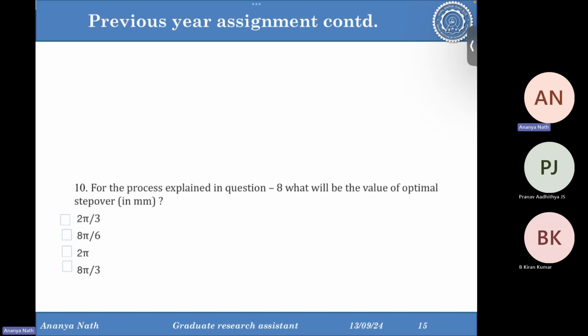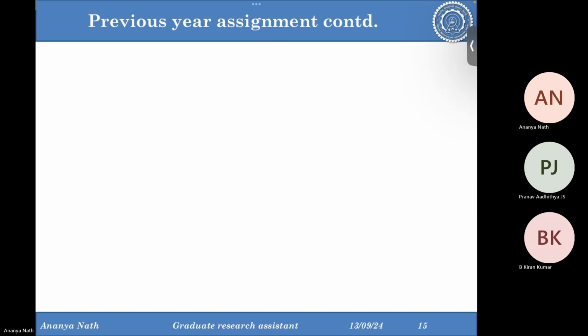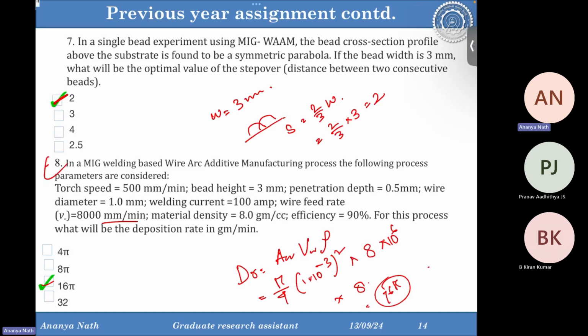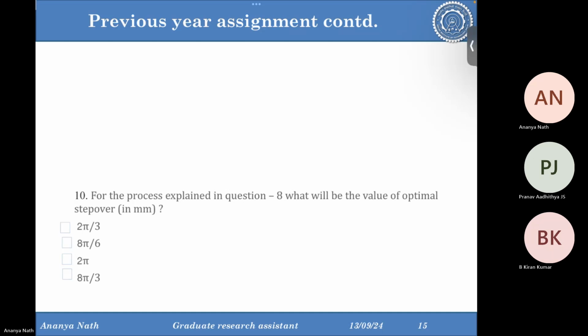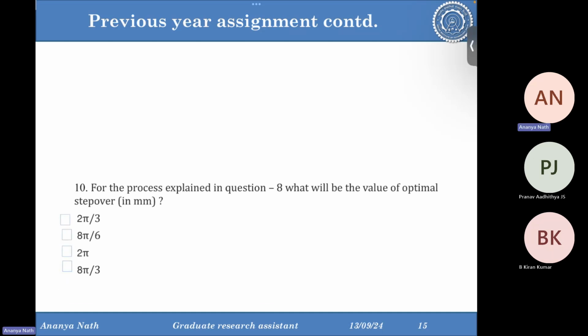Next is, for the process explained in question 8, what will be the value of optimal step over? So again, step over S equal to 2 by 3 width. So 2 by 3 into 2 pi is equal to 4 by 3 pi.